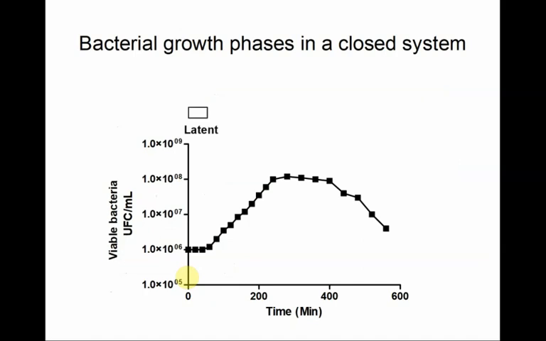At the beginning, you'll have a latent phase. Bacteria don't start growing immediately. Why does that happen? Often when you start a culture, you take bacteria from an agar plate or from an old culture that might have been lying around in the fridge, conserved at 4 degrees for a certain amount of time.